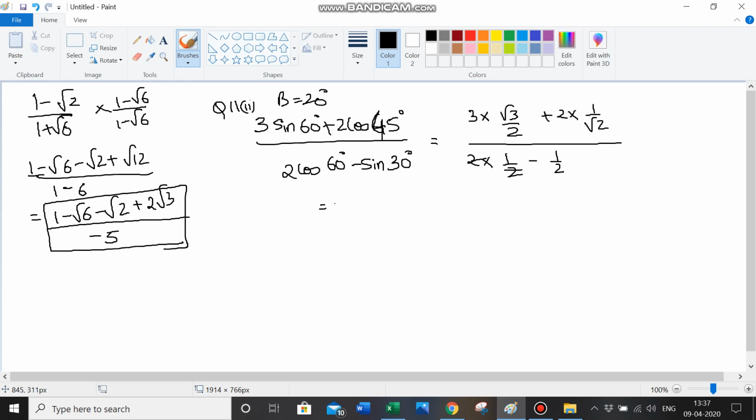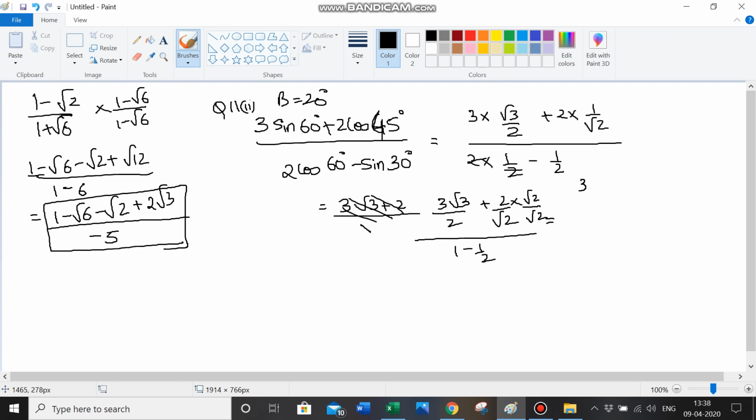So this is 3 root 3 upon 2 plus 2 upon root 2, divided by 1 minus half. Let's multiply this by root 2.